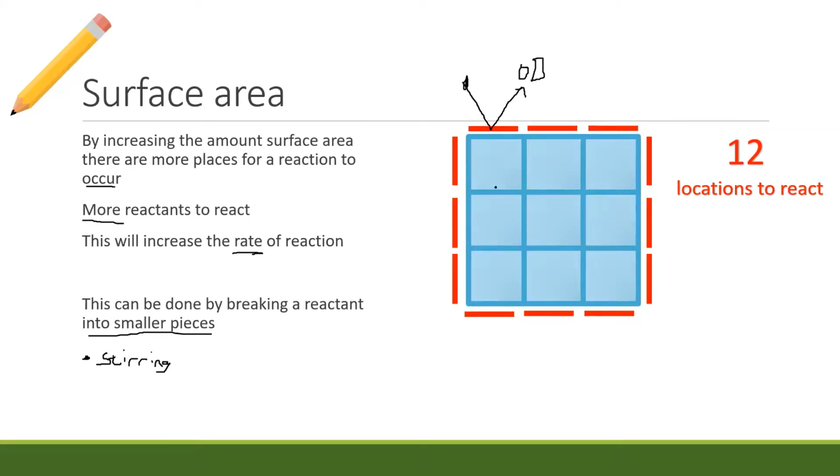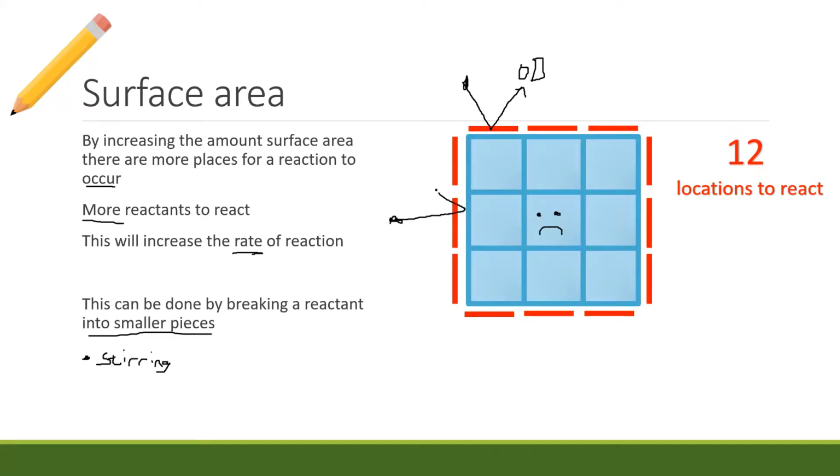But hopefully you can see there's a bit of a problem, right? This little copper sulfate atom or molecule or whatever you want in the middle of this big cube can't react with anything, because there's no surface area for it to react. If I had a particle here and I'm going to react it with this middle one, I can't get to it.